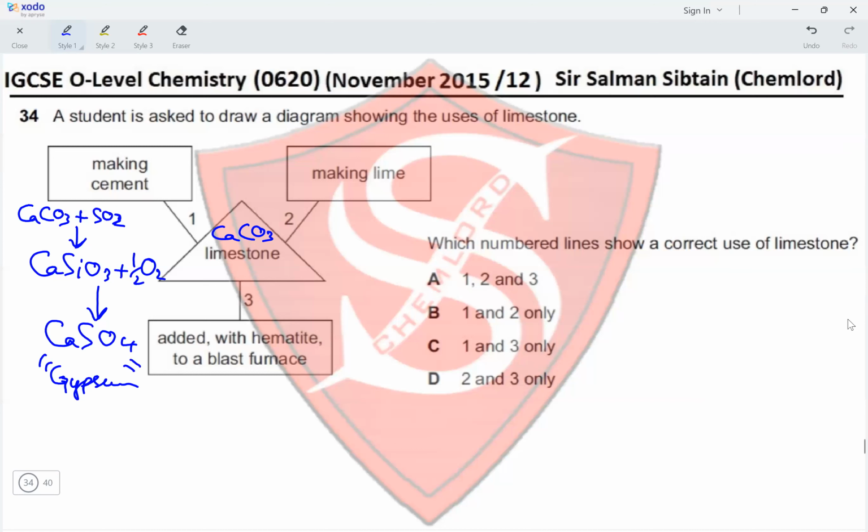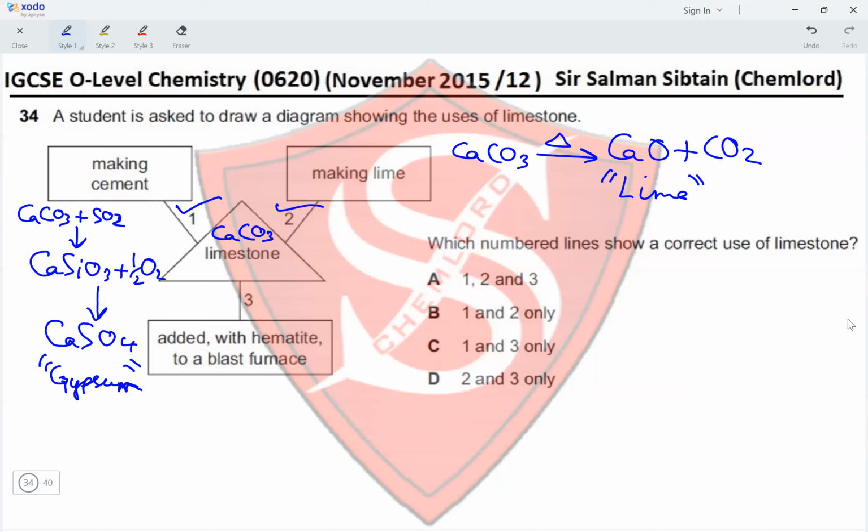And gypsum is a mineral that is a composition of cement. So this is correct. In two, we've got making lime. So calcium carbonate upon decomposition produces CaO and releases CO2 gas. CaO is what is known as lime. So use number two is also correct.